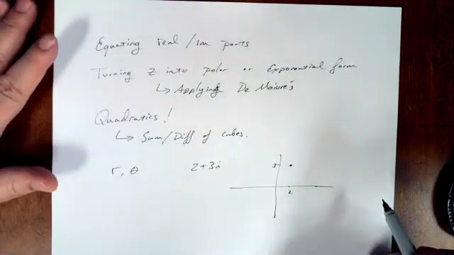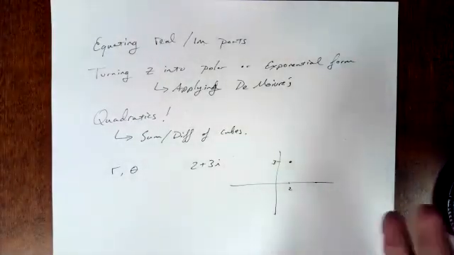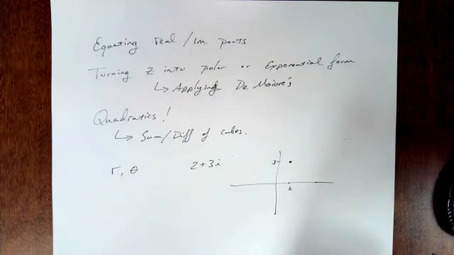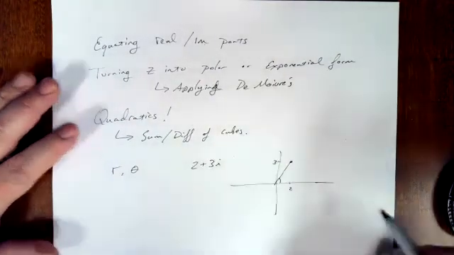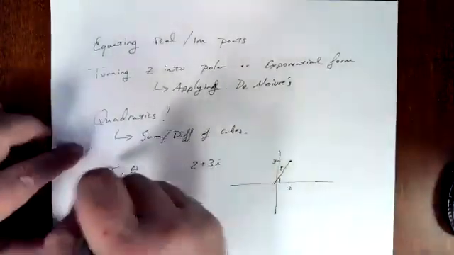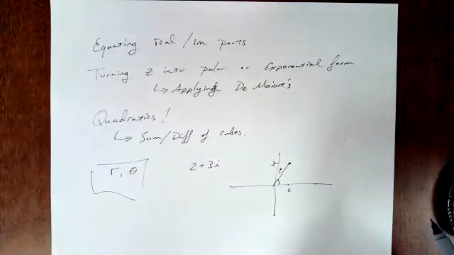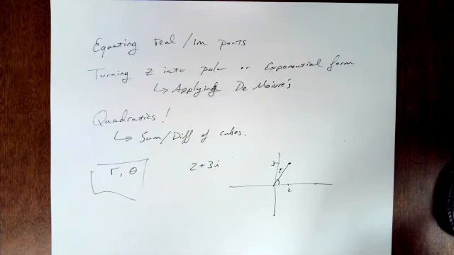Or if I give you an Argand diagram, I want you to be able to tell me what the imaginary and real parts are, what my radius is, and what my theta is. That kind of stuff goes back to our vector work a million years ago.